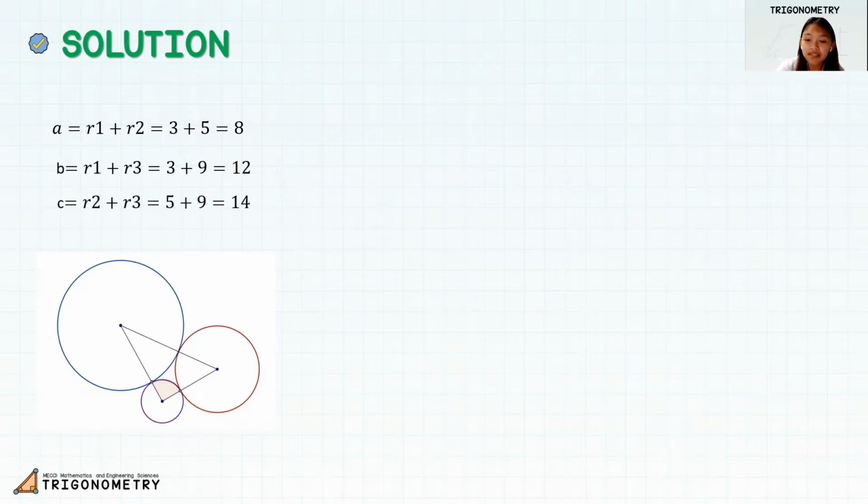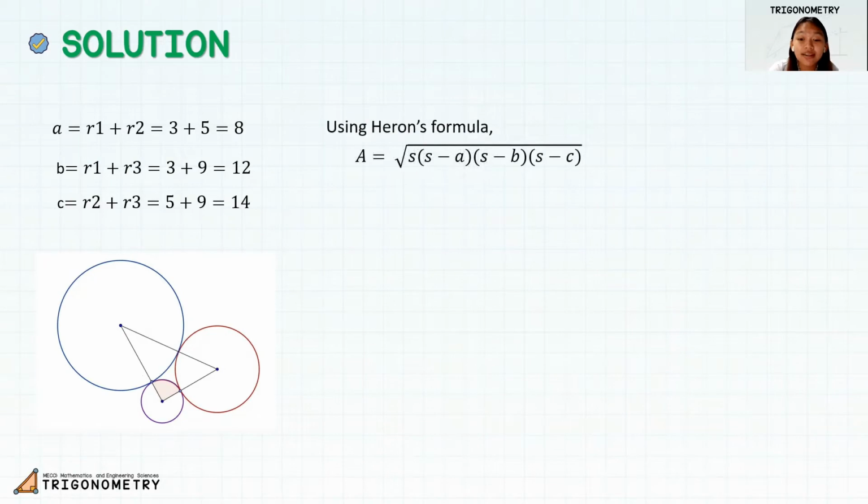After getting the sum of these sides, we look for a formula we can use to find the area of the formed triangle, wherein we can use Heron's formula, where the area is equal to the square root of S times the difference of S and side A times the difference of S and side B times the difference of S and side C, where the variable S is equal to the sum of the sides over 2.